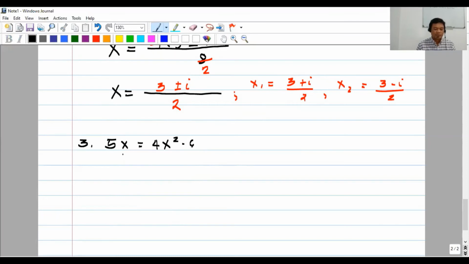So again, we have to express this into the standard form of the quadratic equation, which is, okay, 0 is equal to 4x squared. And we move this one to the other side. And in doing so, we change the sign. That will become negative 5x minus 6. Or we have 4x squared minus 5x minus 6 equals 0.